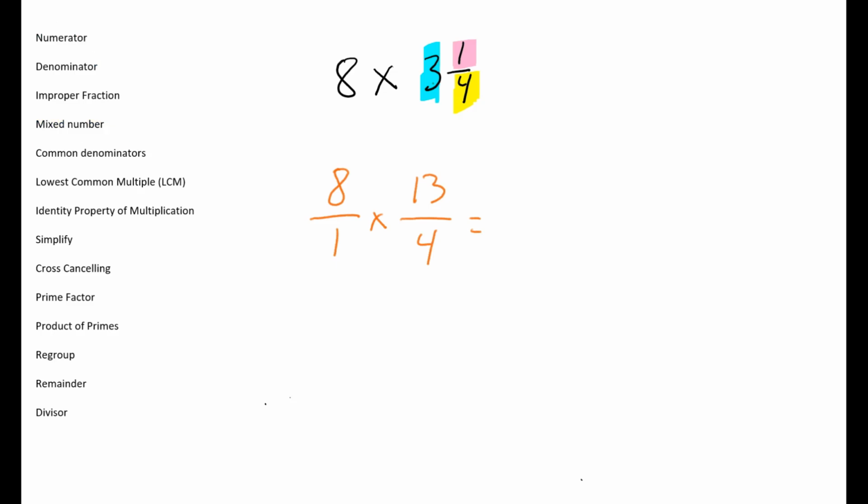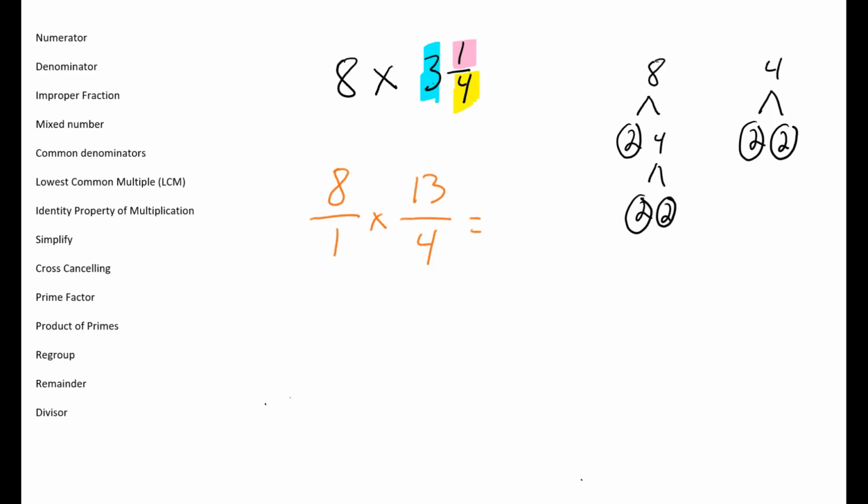I'm going to rewrite these as products of primes, so it's a little easier. If I take 8 and break it down into primes, I have 2 and 4, and 2 is prime. Then I can break 4 down into 2 and 2, and both of those are prime. So I can rewrite 8 as a product of primes, and I can rewrite 4 as a product of primes.